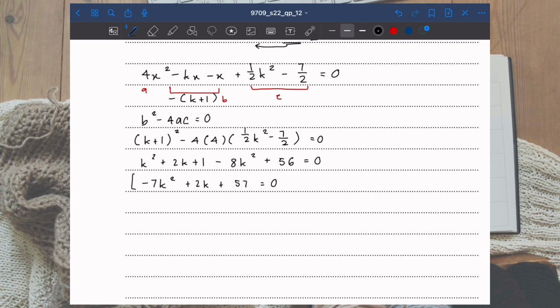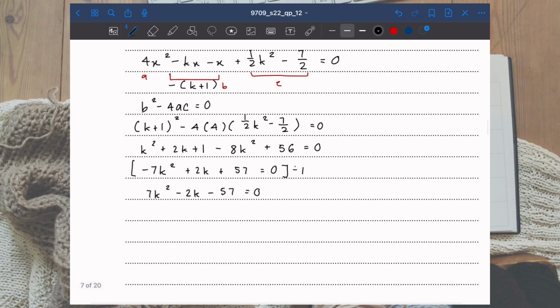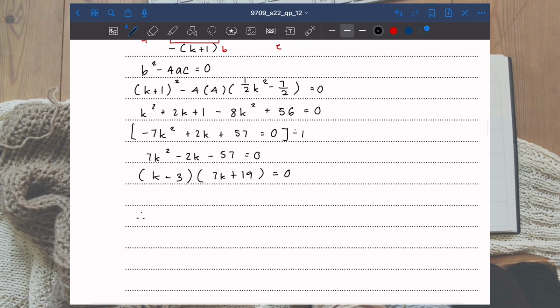So I'll multiply this by negative 1. I'll get 7k squared minus 2k minus 57 equals 0. Factorizing gives me k minus 3 and 7k plus 19. So my k values are 3 and negative 19 over 7.